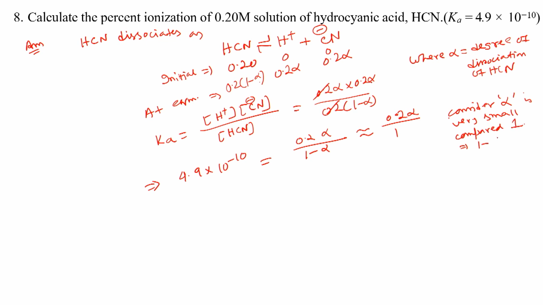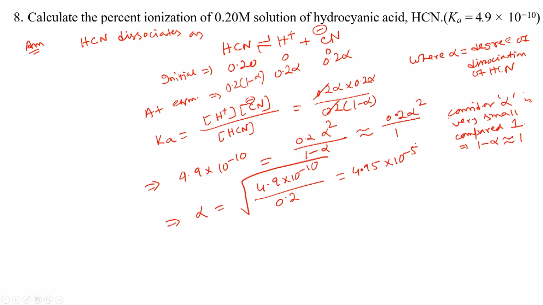So, we can write 1 minus alpha is nothing but 1. We can just ignore alpha here. So, you get alpha square is 4.9 times 10 to the minus 10 by 0.2. Okay, so alpha is the square root of this, and if we calculate this one we get 4.95 times 10 to the minus 5. So, this is the value of alpha.